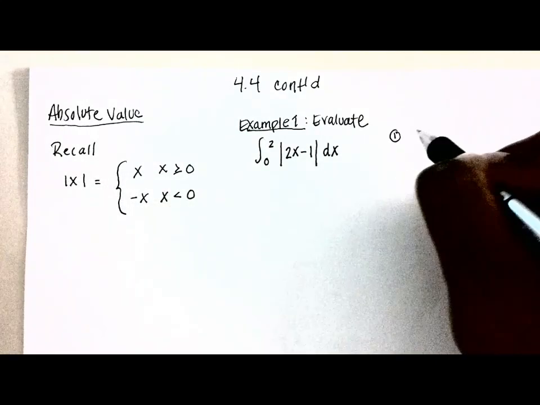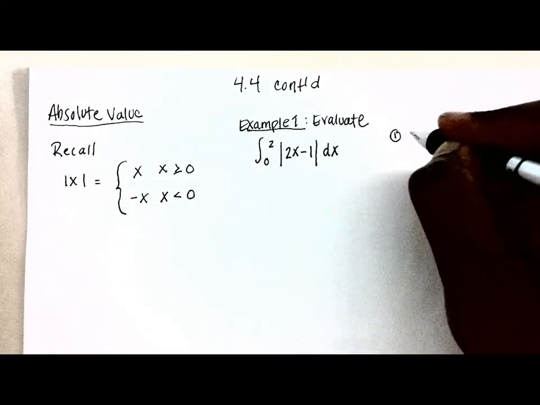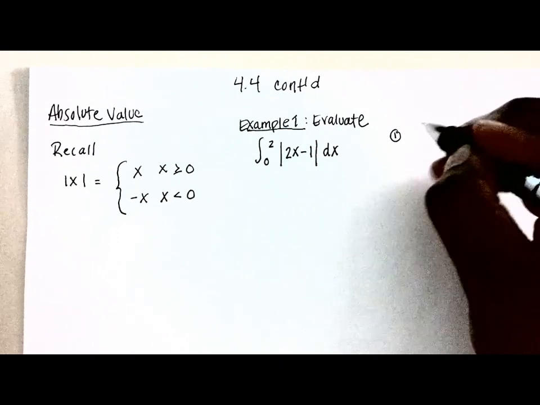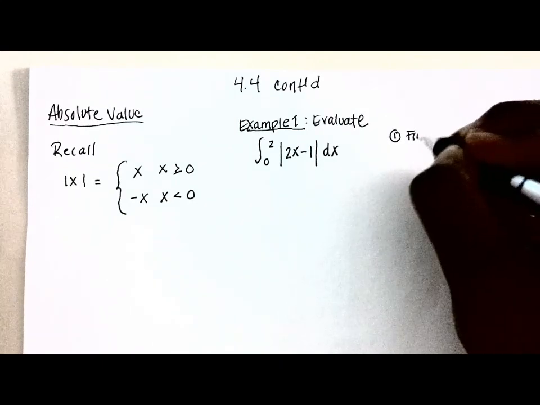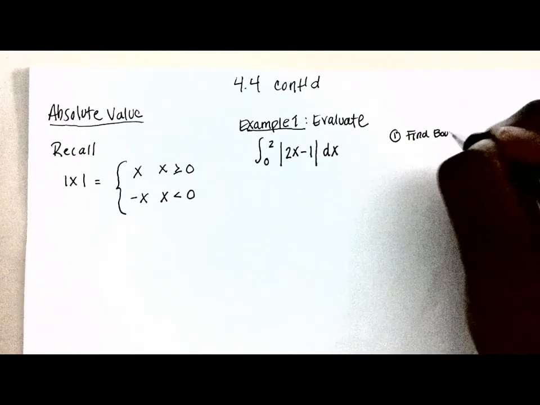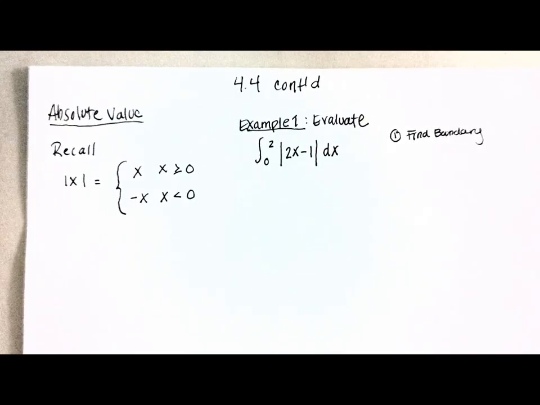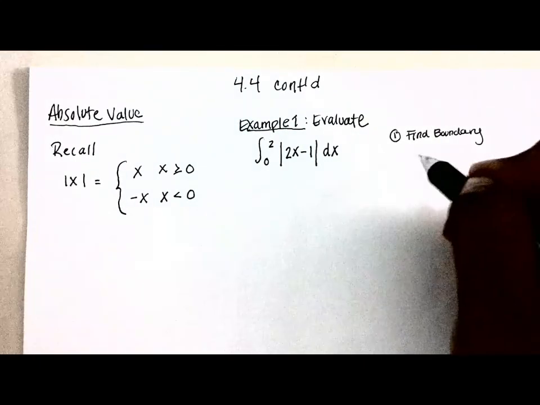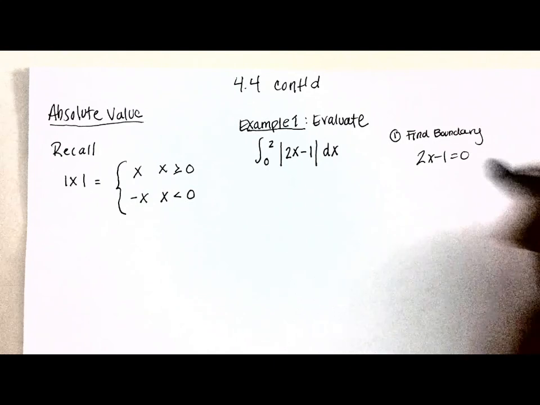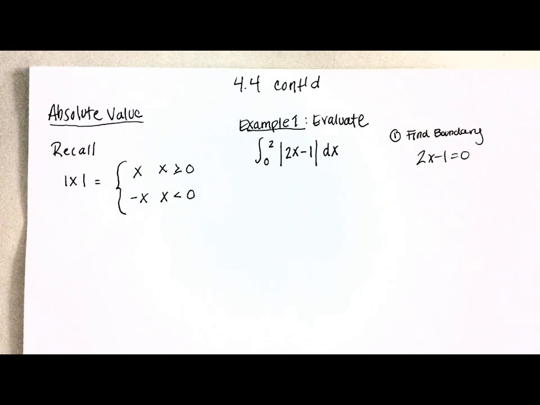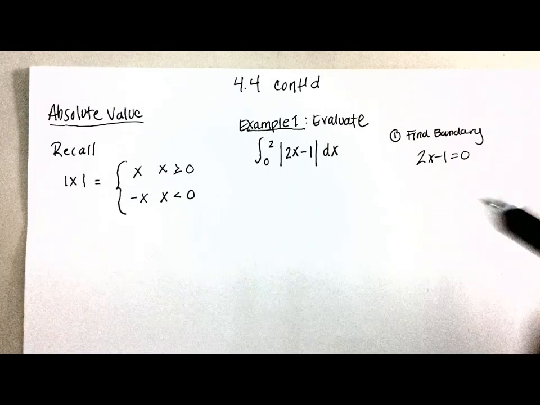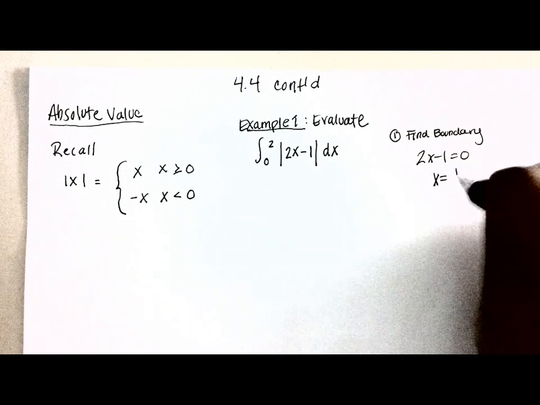Your first step when doing this is to find boundary points. When you find your boundary, you just set what's inside the absolute value equal to 0. So your boundary is just x equals half.